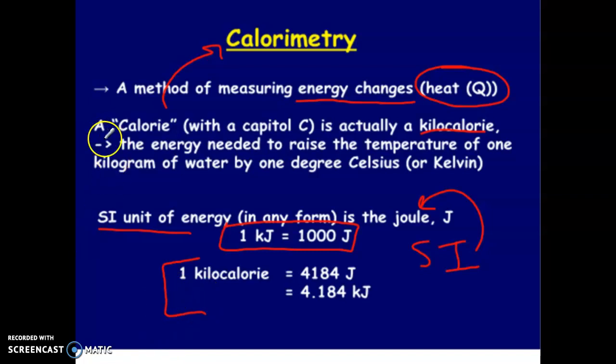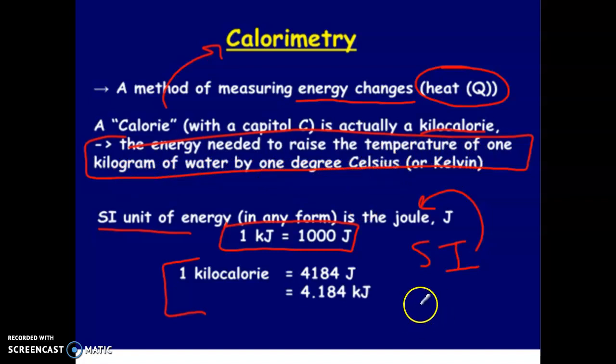But the key thing we want to point out is that a calorie, or 1 kilocalorie, is the energy needed to raise the temperature of 1 kilogram of water by 1 degree Celsius or 1 Kelvin.